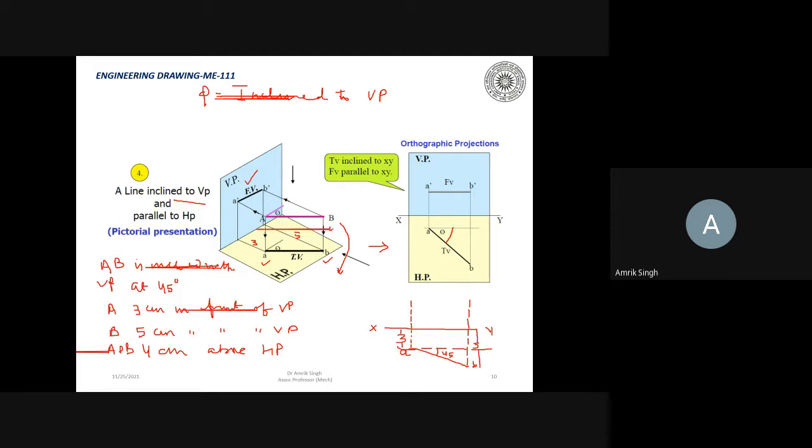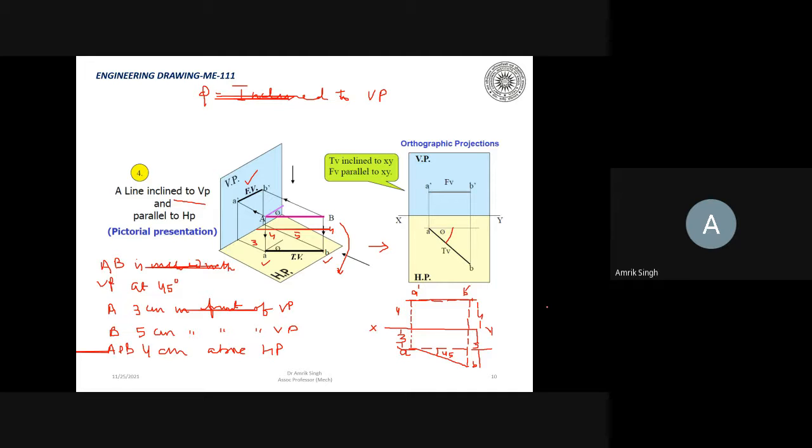So that means this is 4 and this is also 4. So you will write here 4 and you will draw a parallel line. So this will be our firm line. So this will be A dash and this will be B dash. So is that clear?